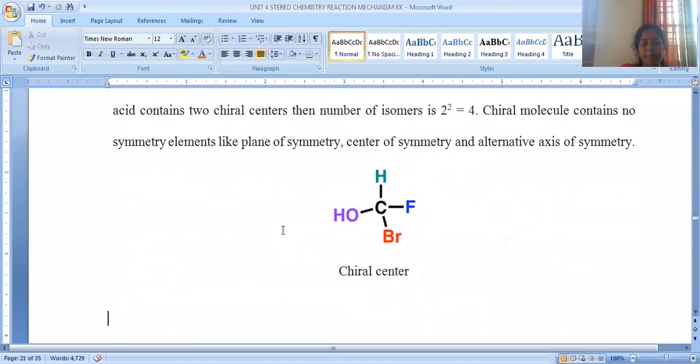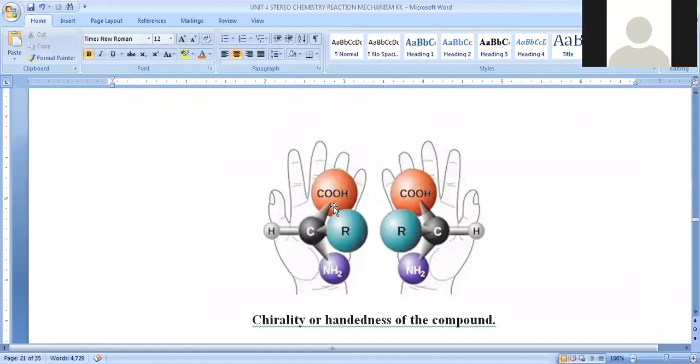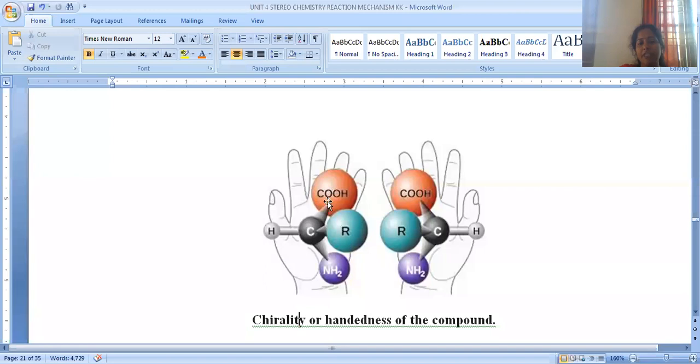Next, when we are taking this molecule, for example, carbon which has a COH functional group, R group, NH2 group, and on one side hydrogen is there. The second carbon also has an R group, but here the R group is on the right-hand side, there the R group is on the left-hand side.